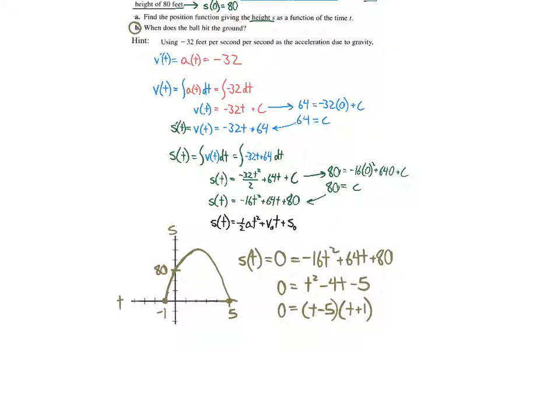Well, no, this is just a model, right? So realistically speaking, the motion started here at 80, it went up and then fell down and hit the ground after 5 seconds. So do you need to graph the negative one or no? You don't have to.